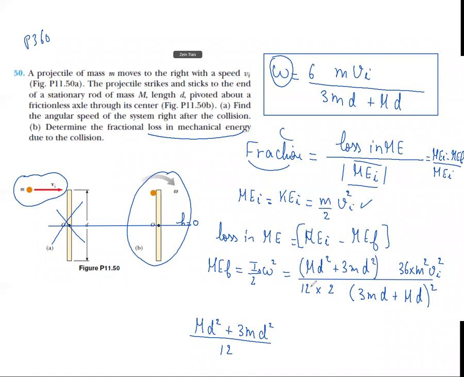So we can put D out of the parentheses. Inside we get only one D, like this.